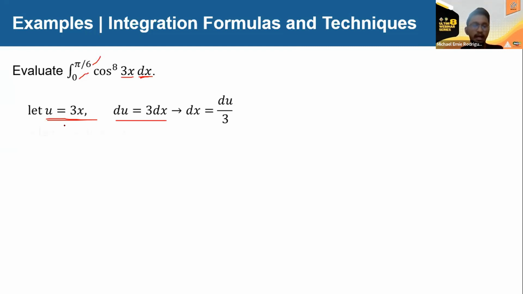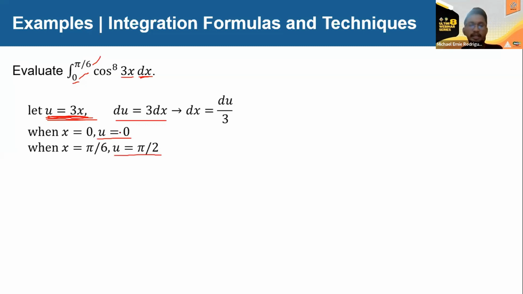So, for the lower limit, so when x is 0, okay, we substitute 0 to this equation. Okay, so 3 times 0 is 0. And then, when x is pi over 6, okay, so we have 3 times pi over 6, that is pi over 2. So we have our new limits from 0 to pi over 2.